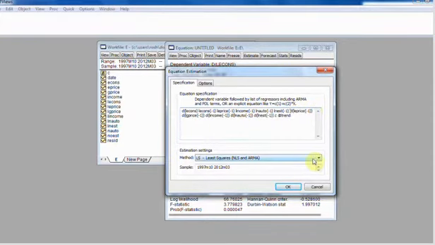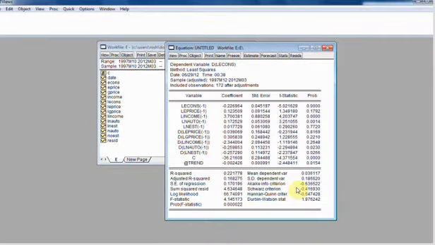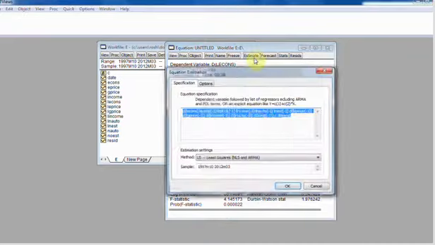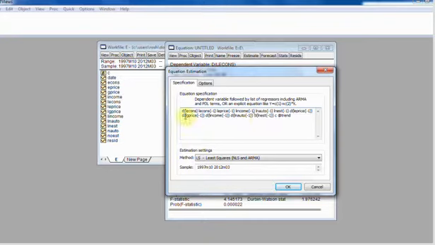Remove that. Now what I have is DLE price, that's also the first difference, done.